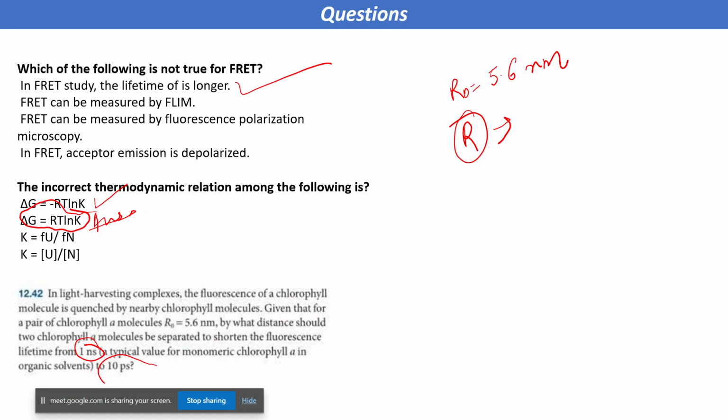So how do you calculate the distance between them? R naught is given, lifetime is given, distance you have to calculate. Small r, yes, small r you have to calculate. As you know, the energy transfer efficiency is equal to R naught to the power 6 divided by R naught to the power 6 plus r to the power 6.